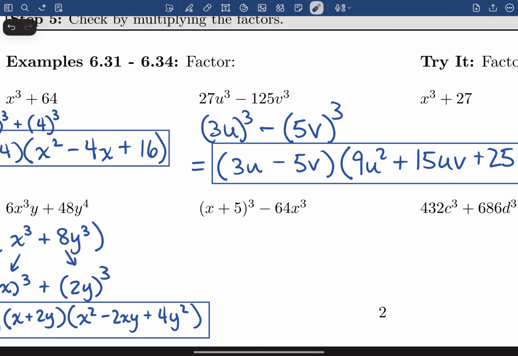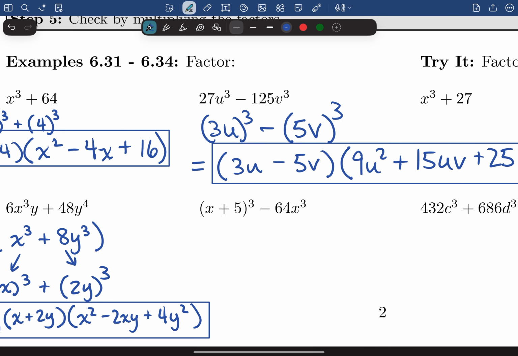Okay, so here I see two things that are cubed, right? I see x plus 5 is cubed, and then 64x cubed. So let's clean this up a little bit to see it more clearly. Now, this stuff doesn't clean up at all. It's just what it is, x plus 5 cubed.